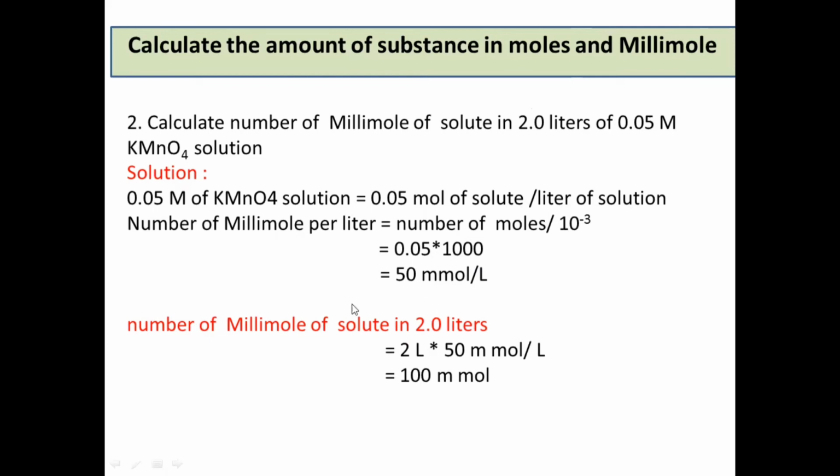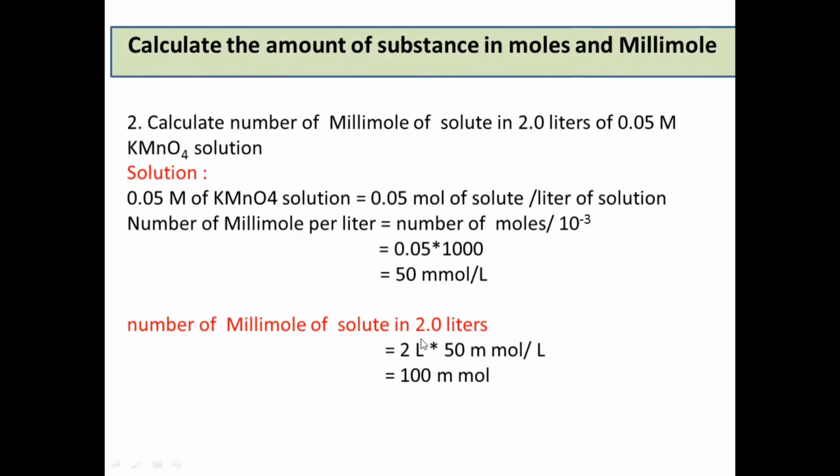So what is the answer here? The 0.05 molar KNO4 solution will contain 50 millimoles per liter. Now the number of millimoles of solute in 2.0 liters. How many millimoles of solute will be present in 2.0 liters of KNO4 solution?